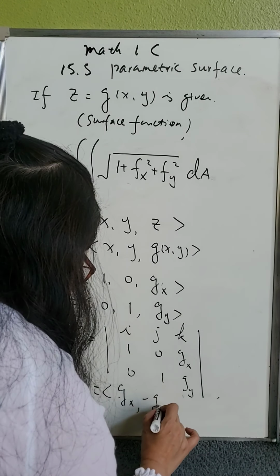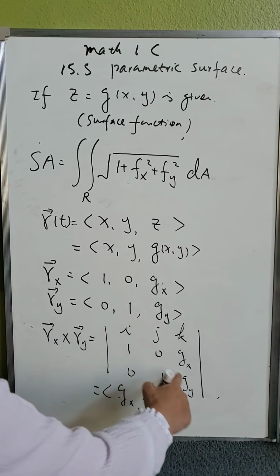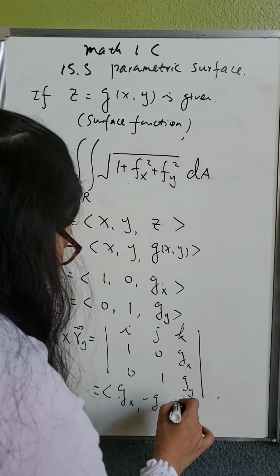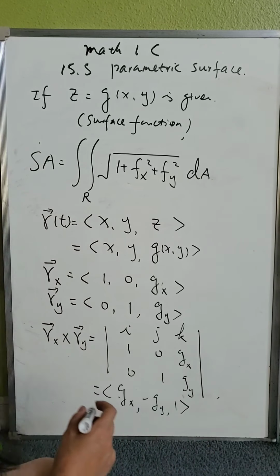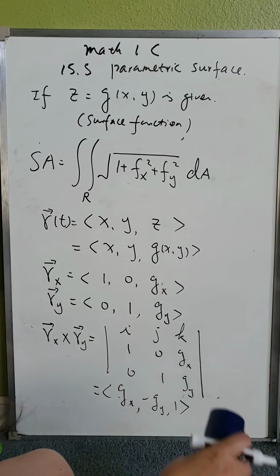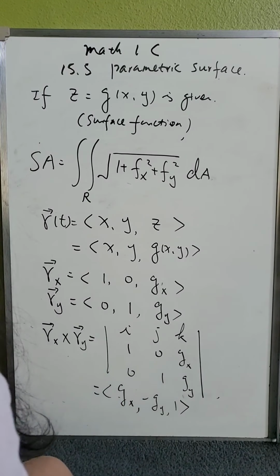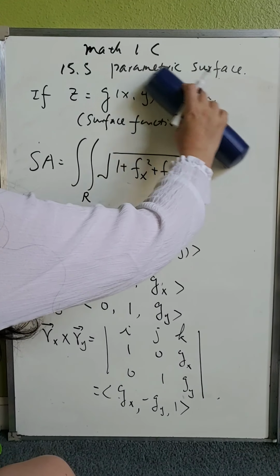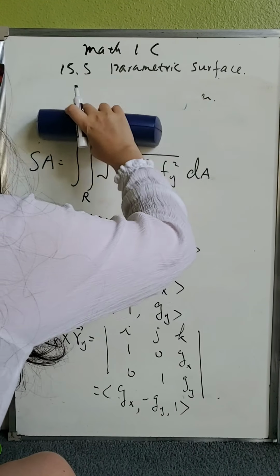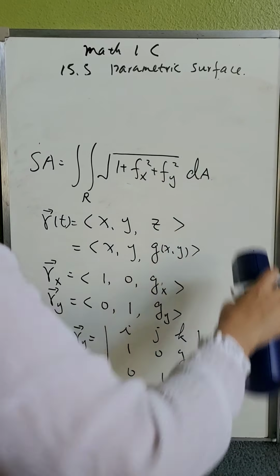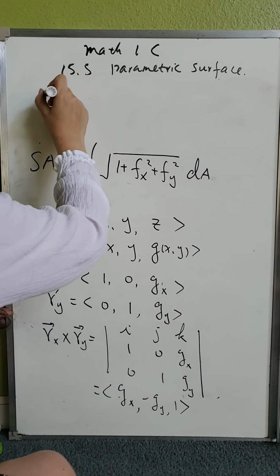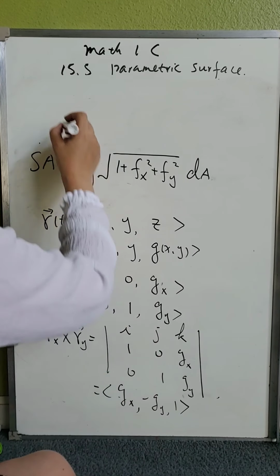To save time, I'll just tell you this. Just do the cross product, just the vector. Okay, so now I had to erase this part. So then I take the length of that.